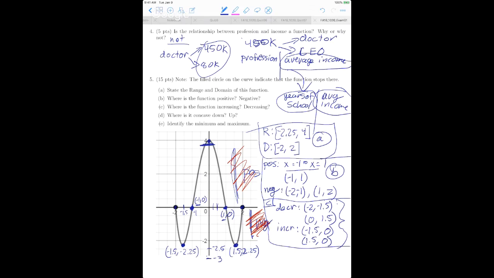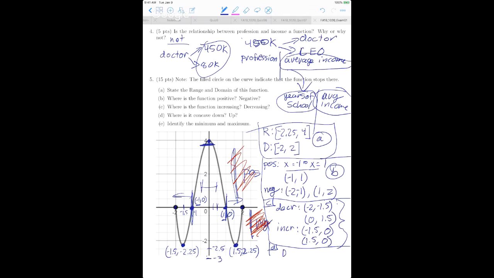Concavity. Well, it's definitely holding water this way, right? And it's definitely holding water this way. And it's probably dumping water between here and here, right? Okay. So that hinges on these points, (-1, 0) and (1, 0). So what can I write here for part D?